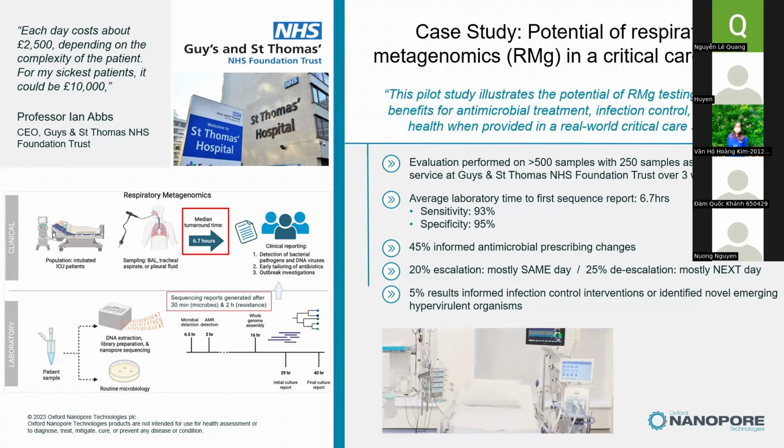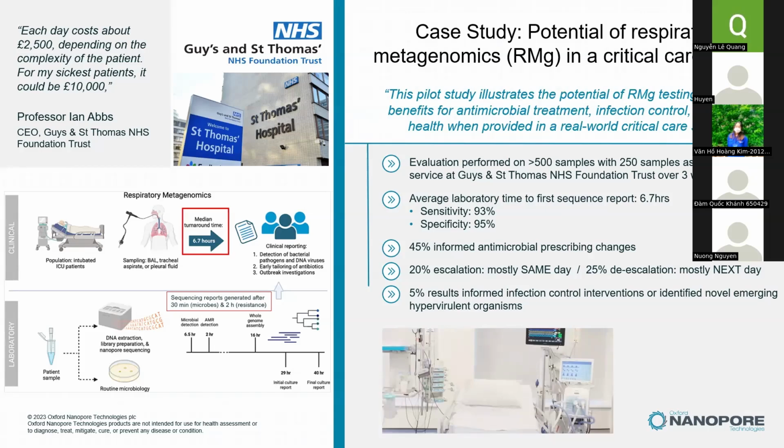The second is the high accuracy model, and the third is the super accuracy model. However, because bacterial genomes are typically very small, there's not a very significant difference in the computing capacity required between the HAC and SUP basecalling models.